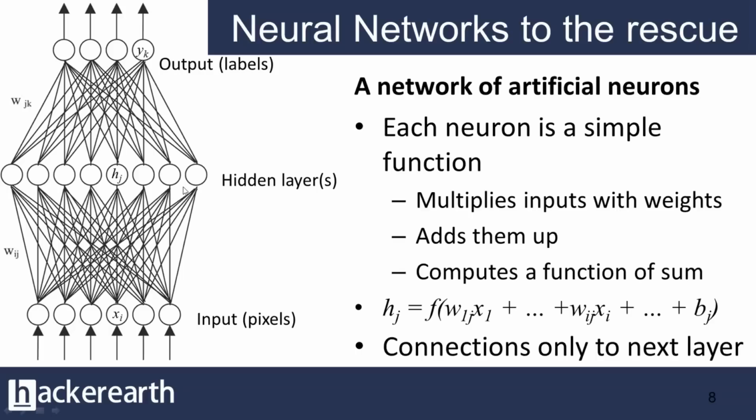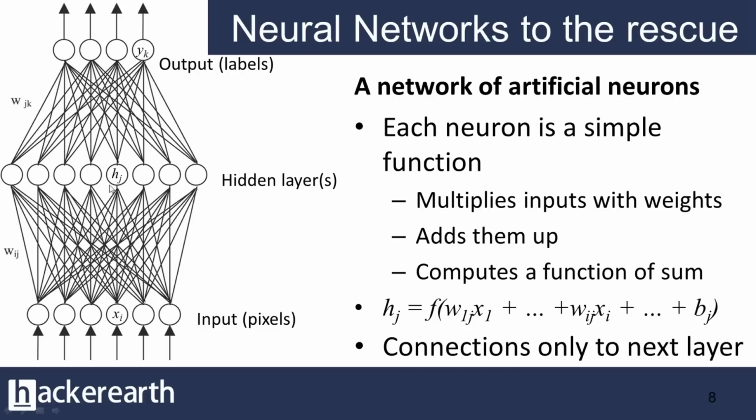Then you have a hidden layer, hidden in the sense that it is not visible to the outside world. And then you have an output layer where you get the labels, whether it is digit 1, 2, 3, 4, 5, 6, 7, 8, 9, or 0. So there would be 10 output nodes. The number of hidden nodes you would change based on the complexity of the problem.